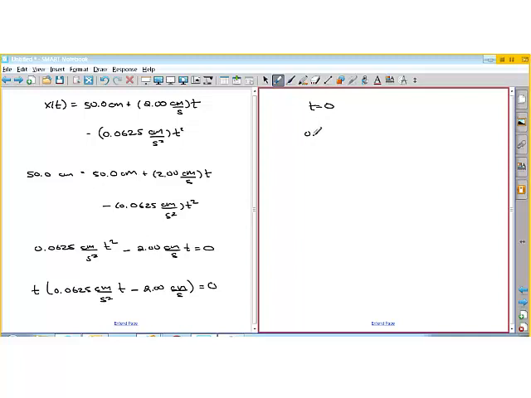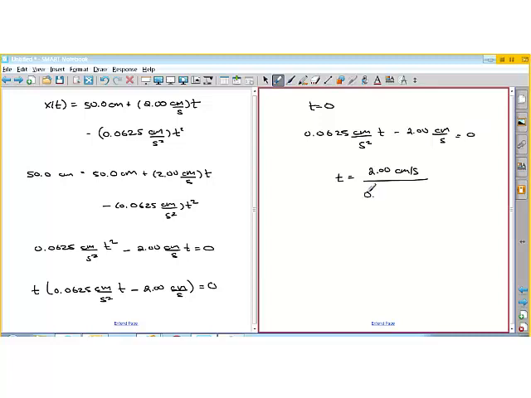And then the other one is that the term in the parentheses is 0. So we have to figure out what time that happens. So that also is in the solution. If we solve for that, what we'll end up with is 2 centimeters per second.